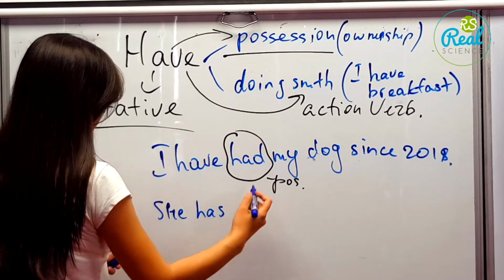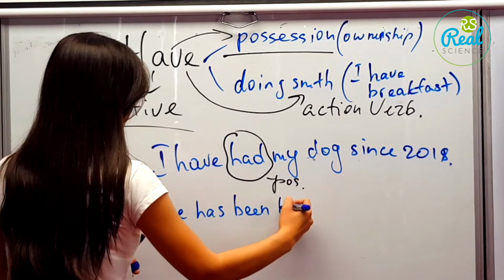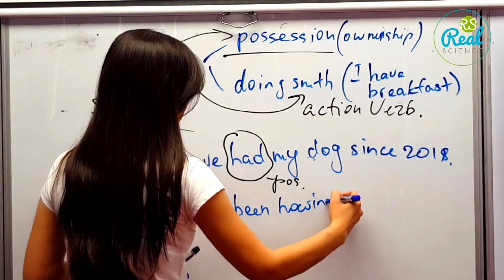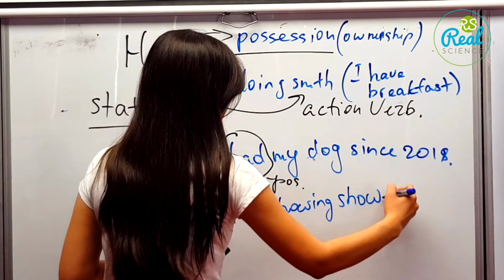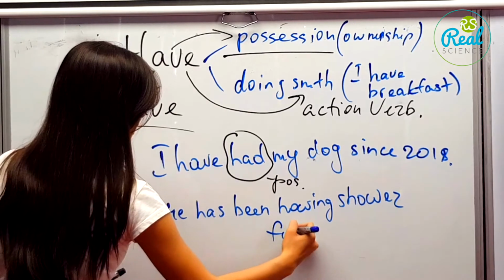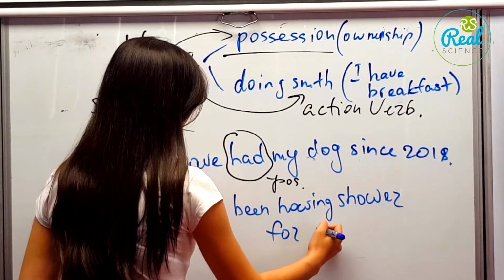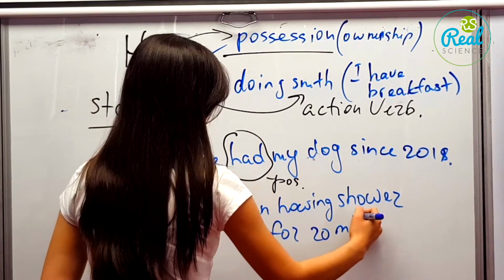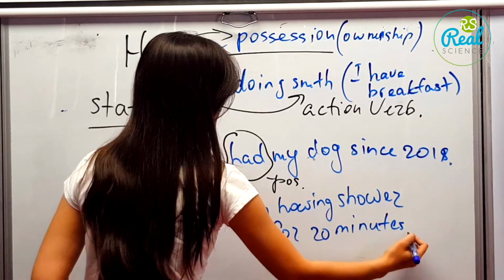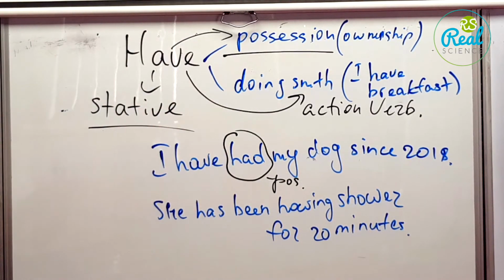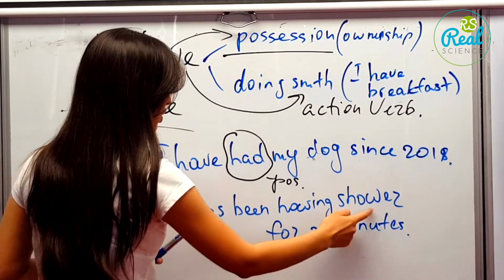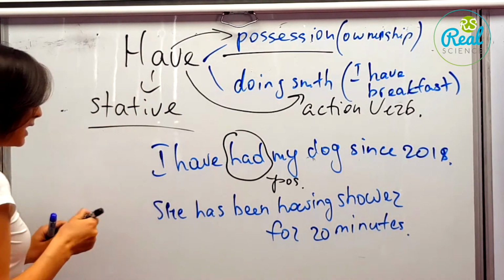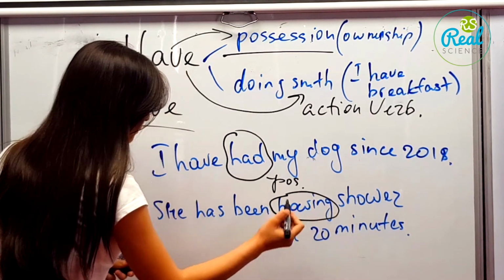She has been having a shower for, let's say, 20 minutes. Let's do a real example. Okay, she has been having a shower for 20 minutes. Here, guys, having means what?